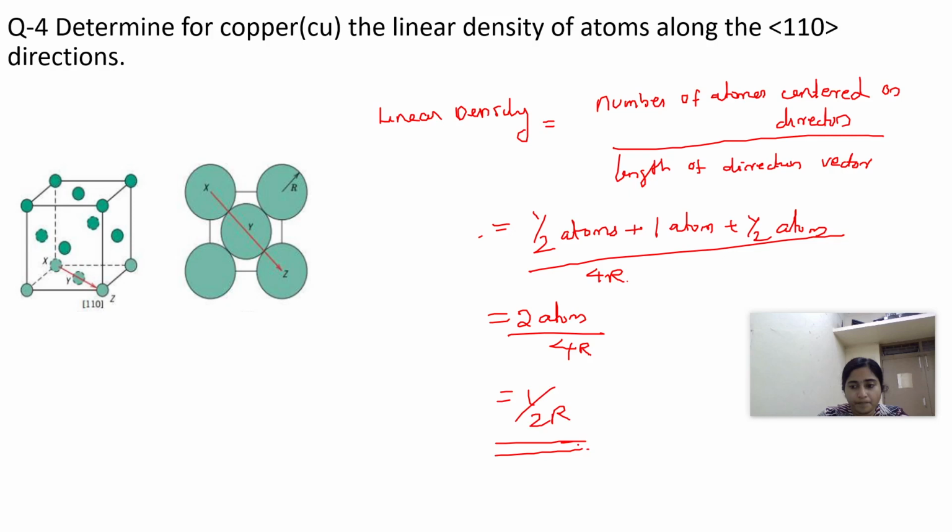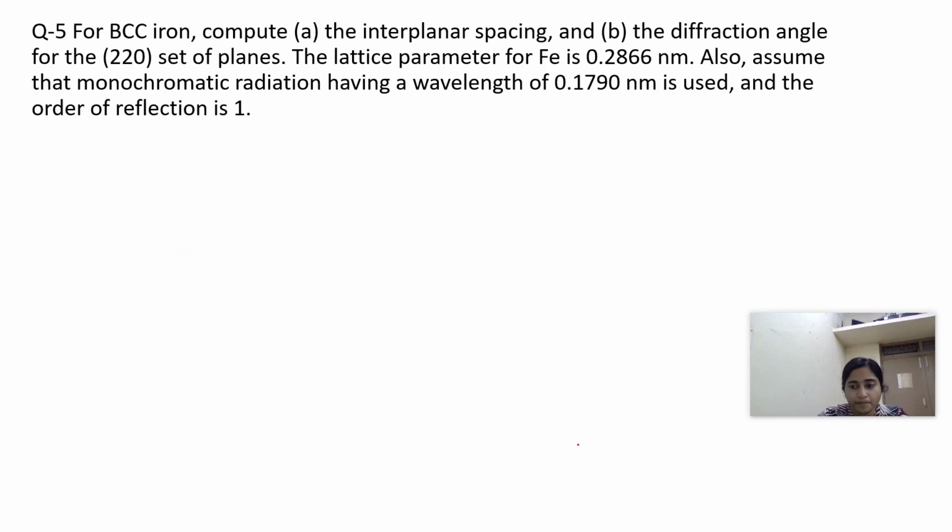Now let us go to the next problem. For BCC iron, compute A, the interplanar spacing, and B, the diffraction angle for the 220 set of planes. The lattice parameter of iron is given, and assume monochromatic radiation of the given wavelength is used, for order of reflection 1.